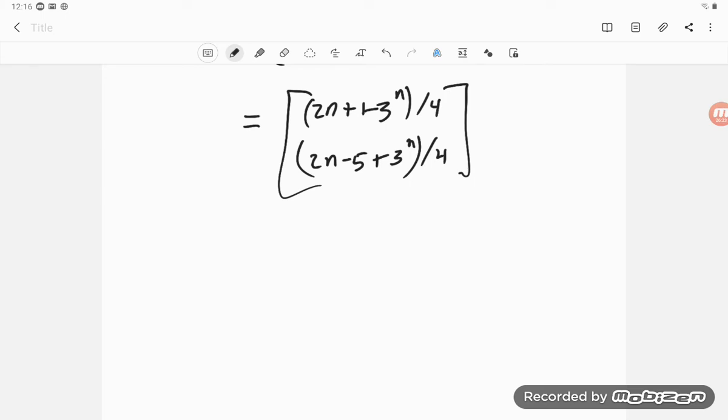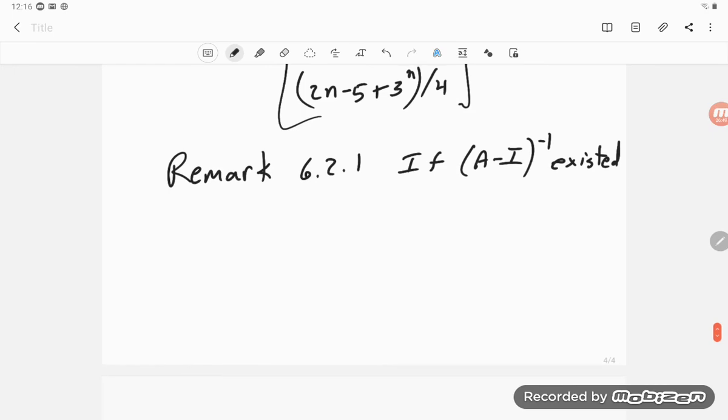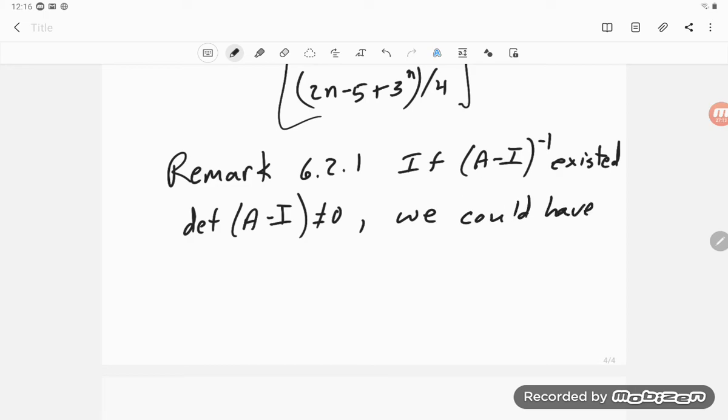Now then, they also have a remark. We'll toss in the remark here about the solution, 6.2.1, and they say if (A minus I) to the negative 1 existed, in other words, if the determinant of A minus I was not equal to 0, then they could have used, or we could have used, that sum.